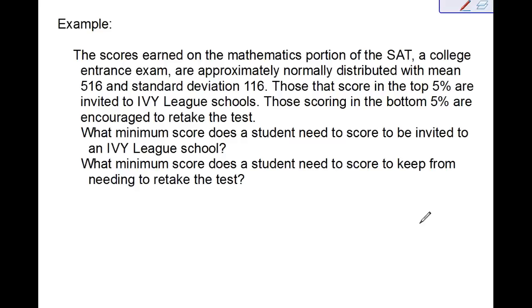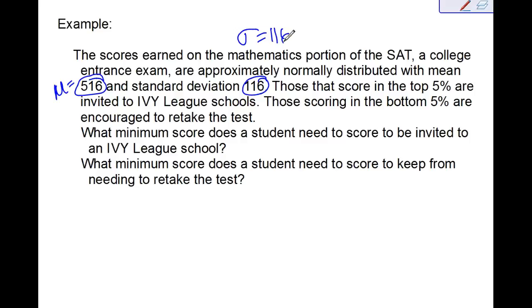Okay, the scores earned on the mathematics portion of the SAT, a college entrance exam, are approximately normally distributed with a mean of 516. So here's my mu. And a standard deviation of 116.